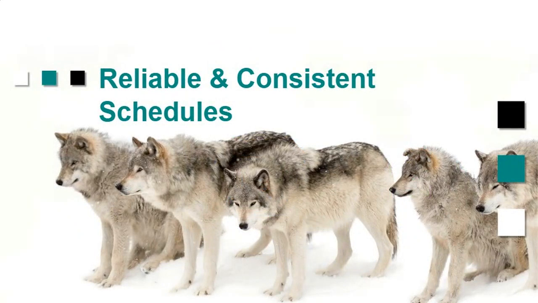One person may have a 300 activity schedule and another a 3,000 activity schedule for the same thing. You need to produce reliability and consistency across the board with your schedules.